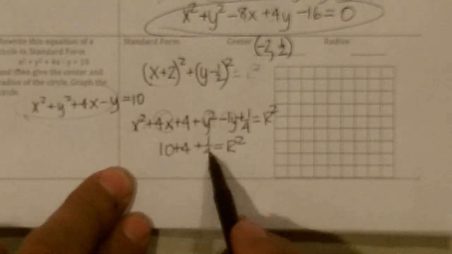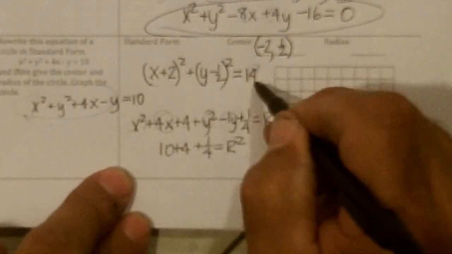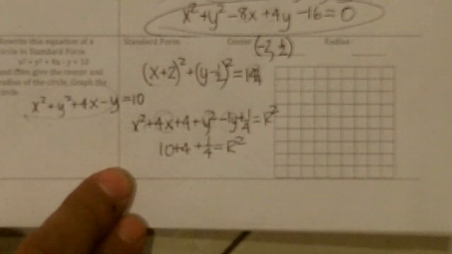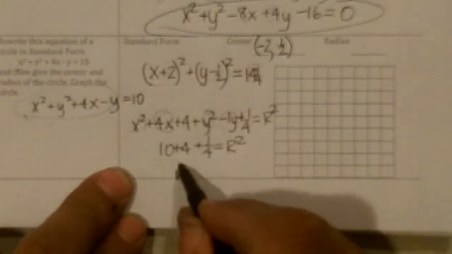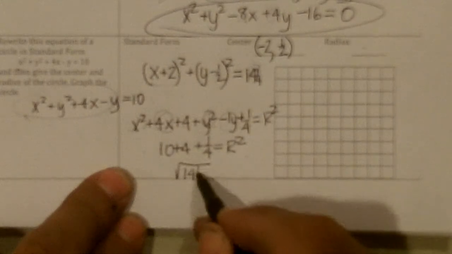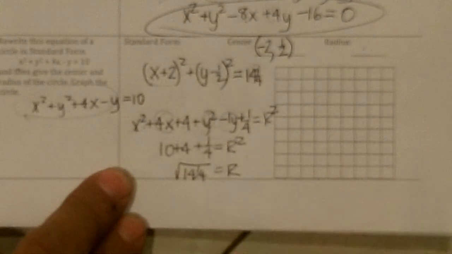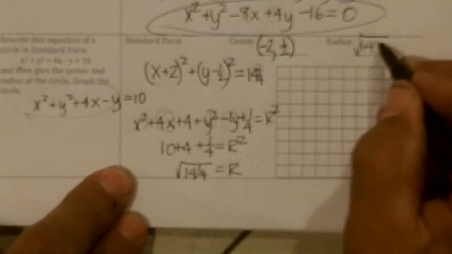That's 14 1/4, that's r squared. So the radius would be the square root of 14 1/4.